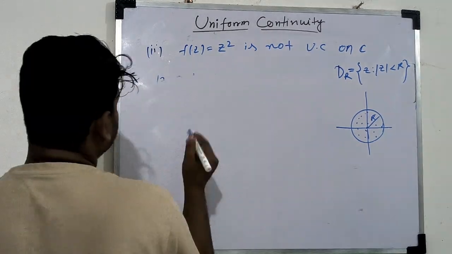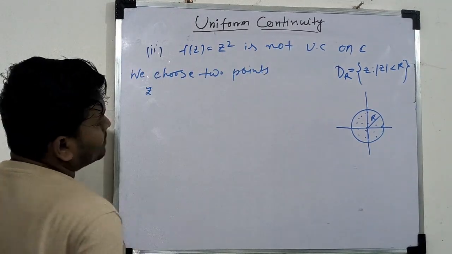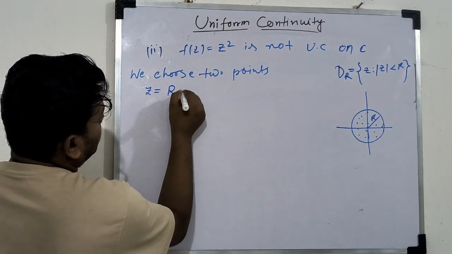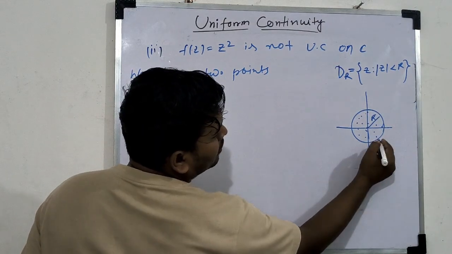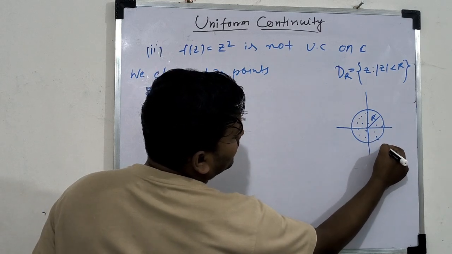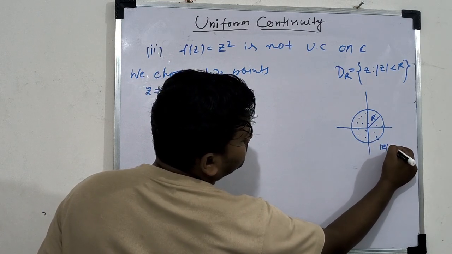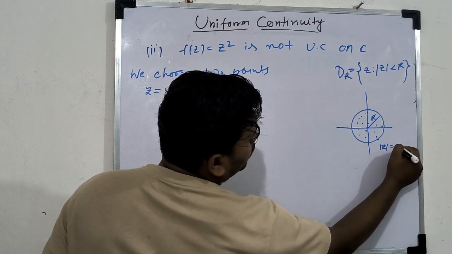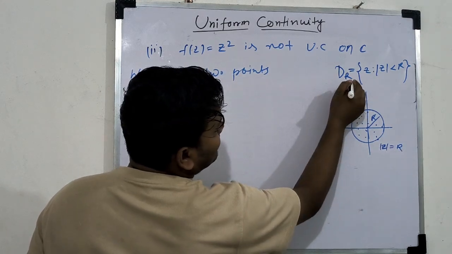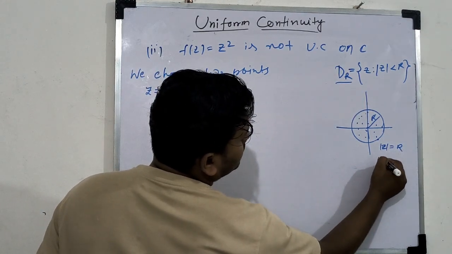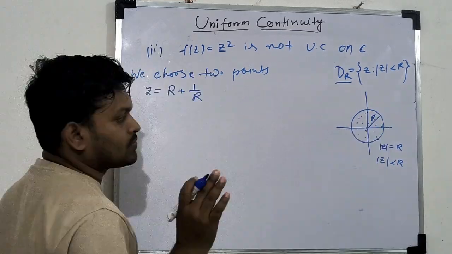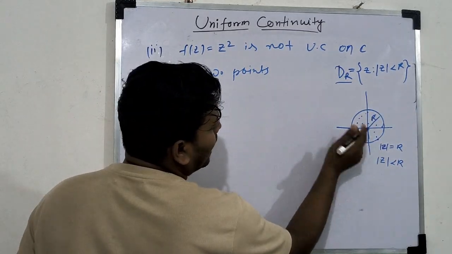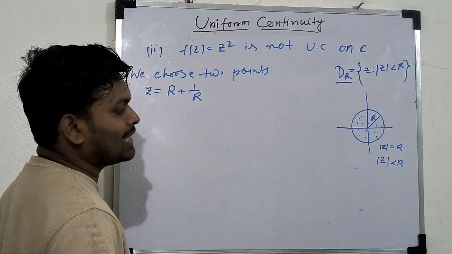So for that we choose 2 points. One z equal to r plus 1 by r. If we take a point on the circle, then for that point modulus z will be equal to r, but the points on this circle are not contained in the set D_r.